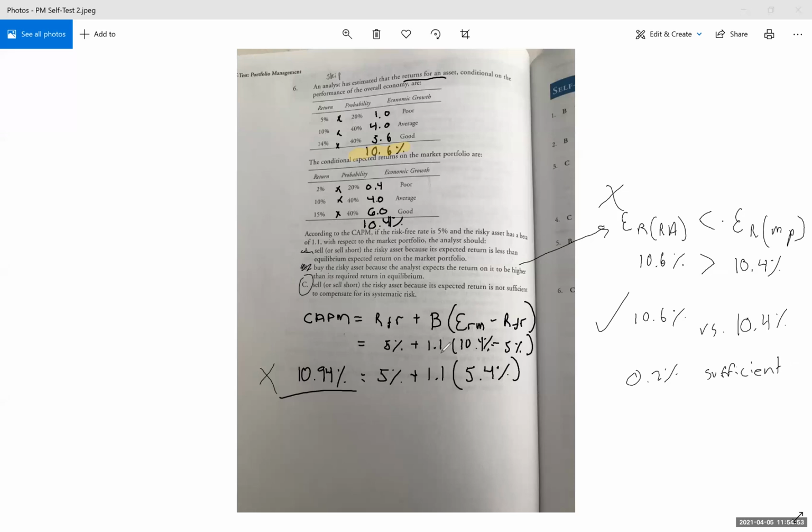And the asset has a beta of 1.1, so it's 10% more risky as compared to the market. So being that much riskier, we need more than 10.6%. In fact, we calculated that we need exactly 10.94%. So systematic risk, that's captured here by beta. So we're saying that the return is not enough given how risky this stock is. C is your answer.